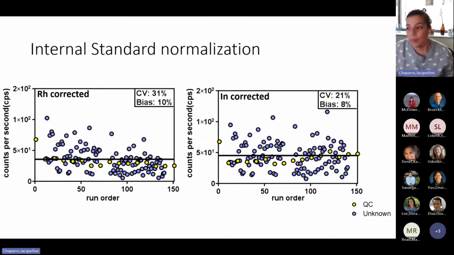And being able to use not only one but multiple different internal standards to check which might correct for better precision, we're able to adjust those values in that way, and control and analyze the samples.